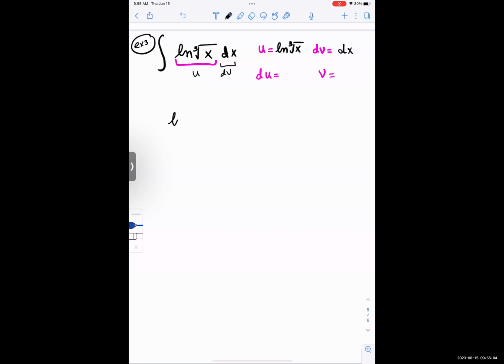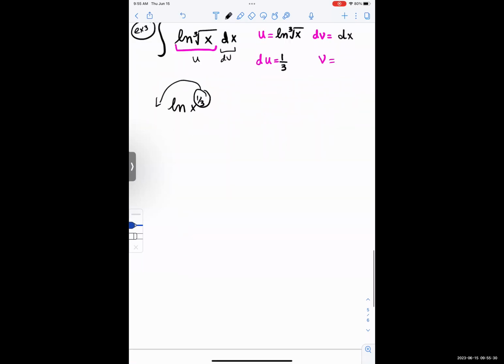Okay, so now I want you to think. ln of the cube root of x is the same thing as ln of x to the power 1/3. Are you all with me? What is the derivative of that? You take 1/3 to the front. So that's 1/3.